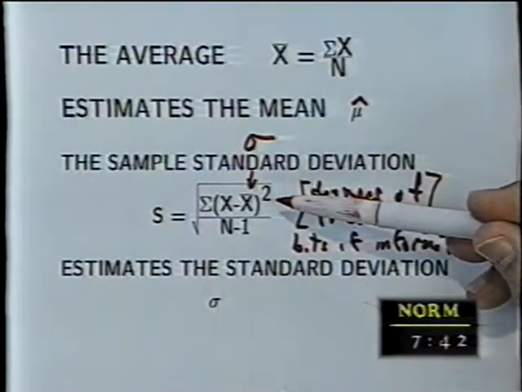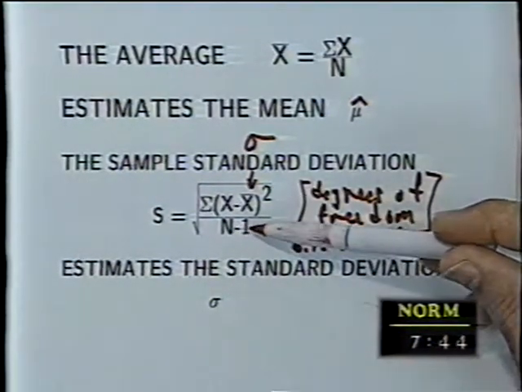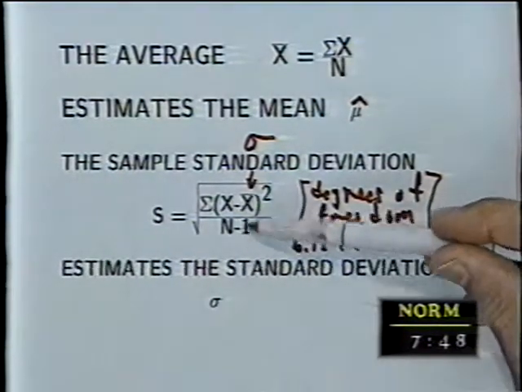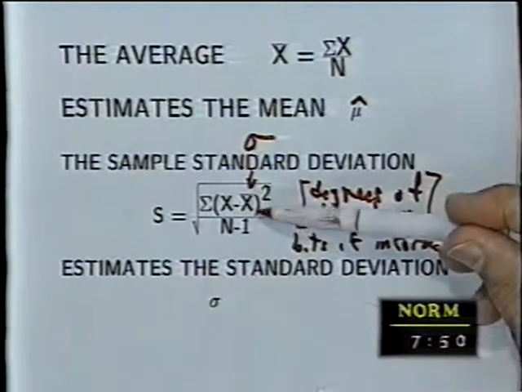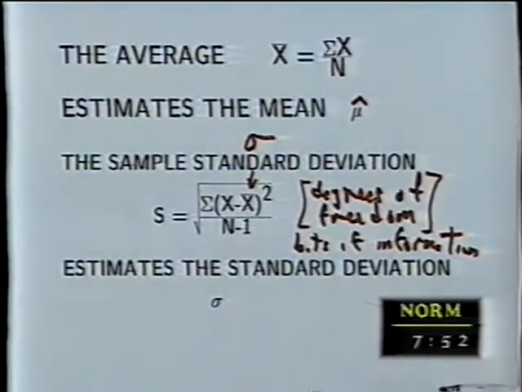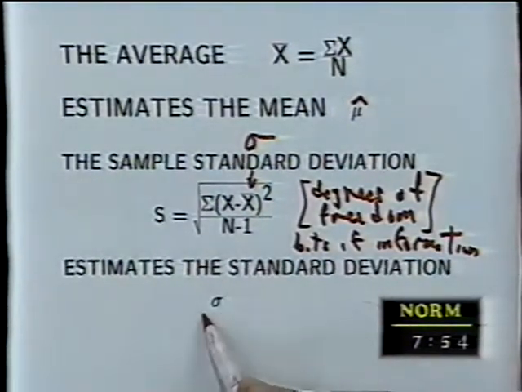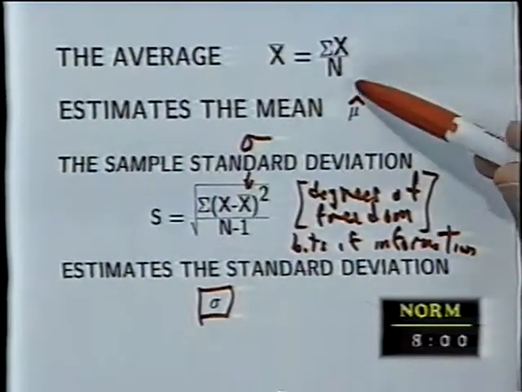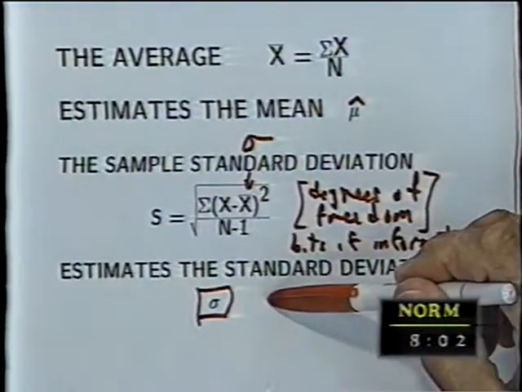It takes the place of the last bit. So there's really only n minus 1 bits of information, and therefore the degrees of freedom are n minus 1, and I have to find the information per bit. Now this S estimates sigma for the data. So now we have the estimate of mu and the estimate of sigma.